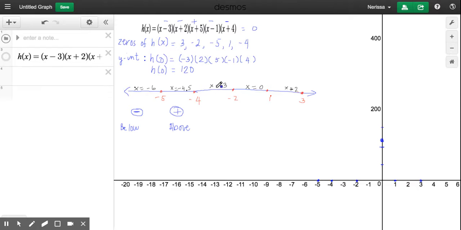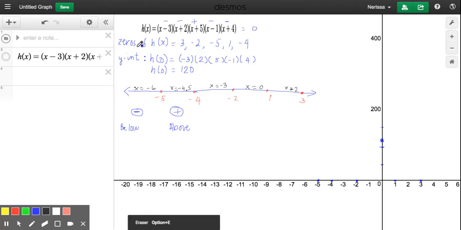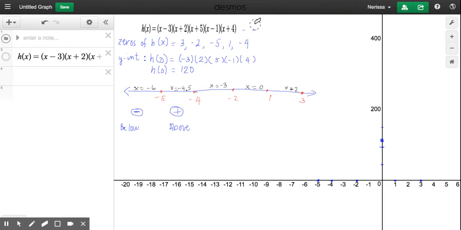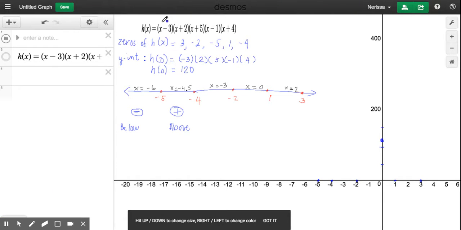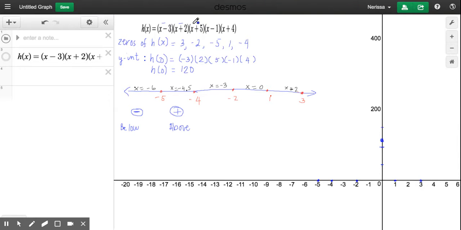Okay, next interval. When x is -3, -3 minus 3 is negative, -3 plus 2 is negative, -3 plus 5 is positive, -3 minus 1 is negative, and -3 plus 4 is positive.